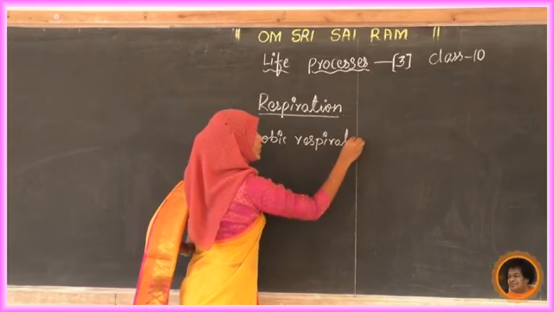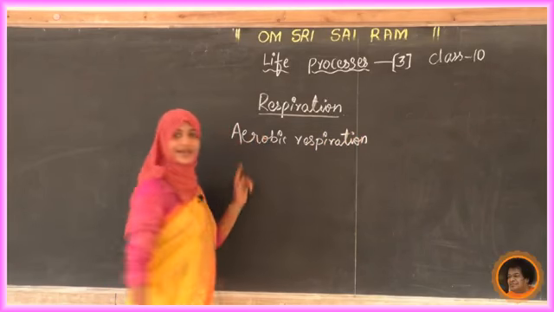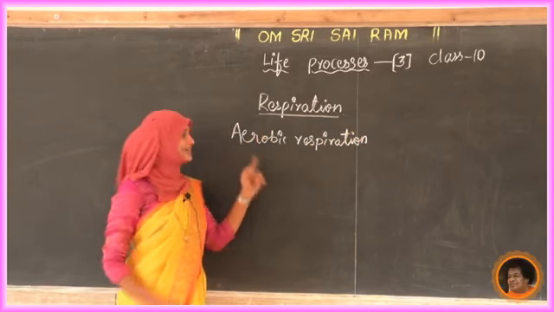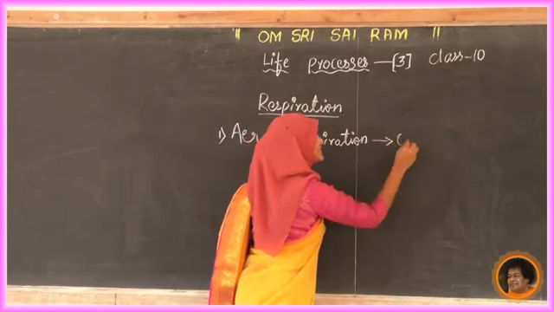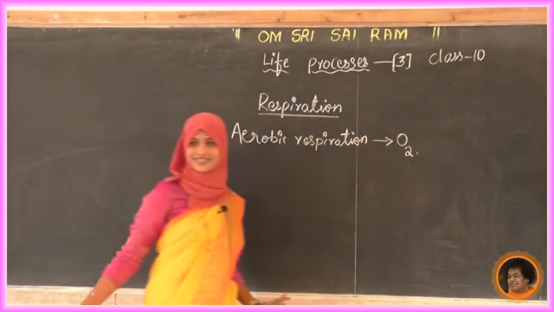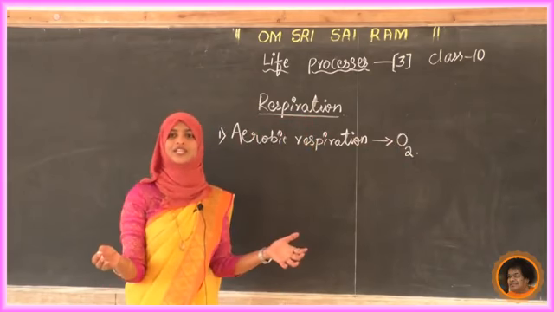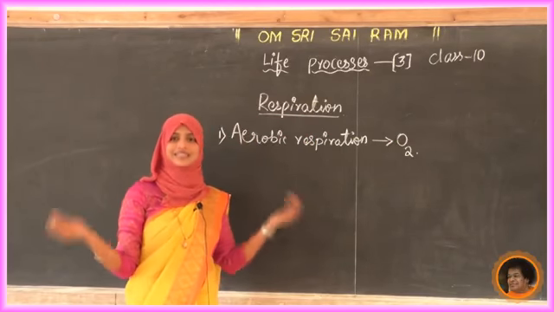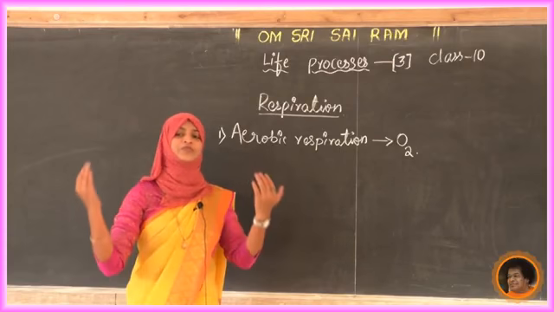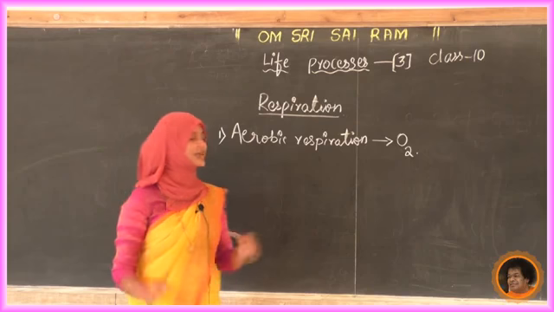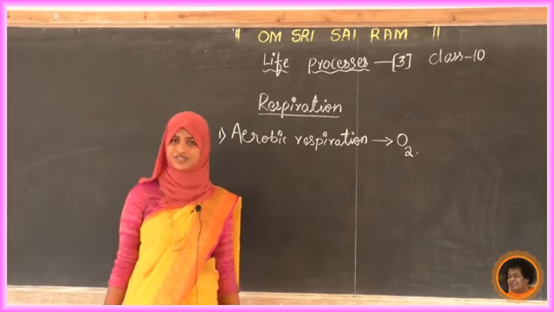Aerobic, air, so we come to know it is the presence of oxygen. So oxygen is present in this. That respiration involves oxygen, or in the presence of oxygen that respiration takes place, so we can call such respiration aerobic respiration.